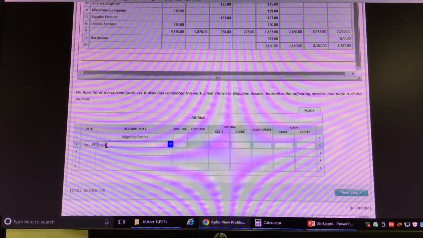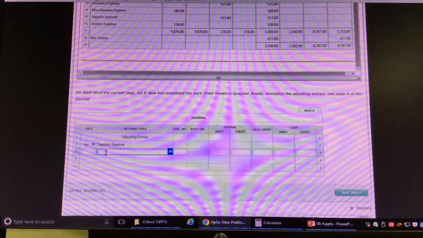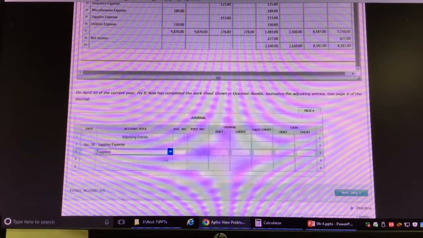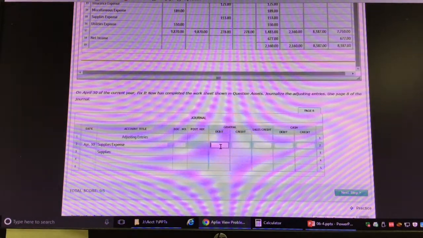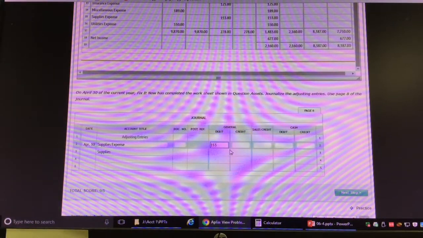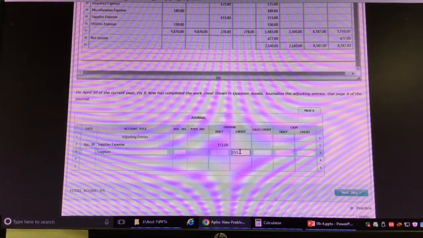So supplies expense, and then supplies. The amount was $153, so I have a debit of $153 and a credit of $153, and they both go under the general column because it's not a sales credit and it's not a cash.